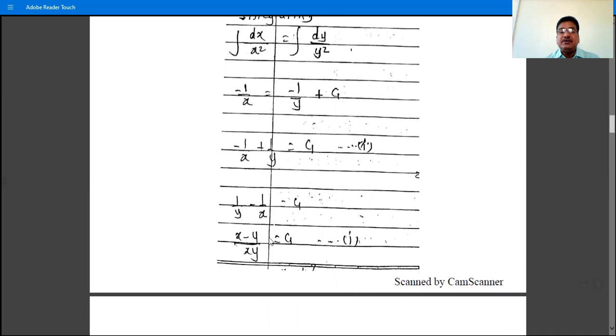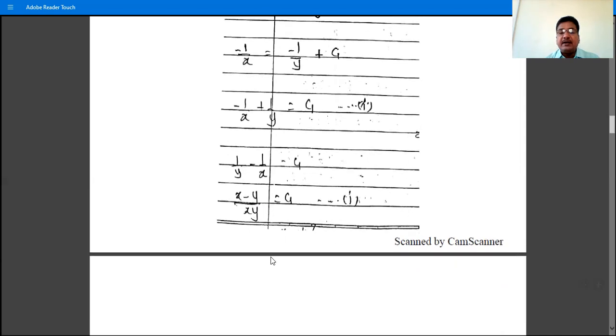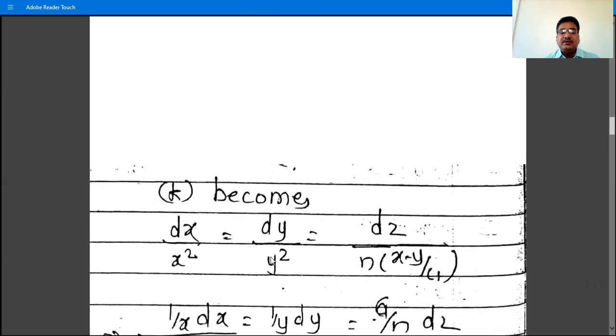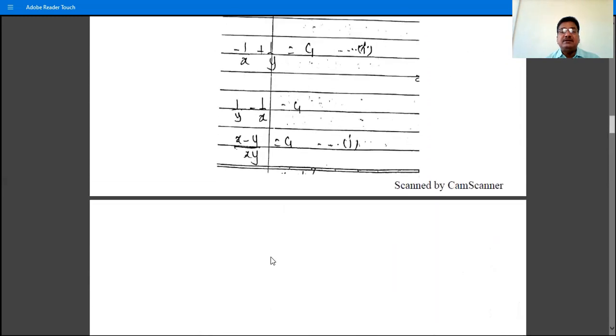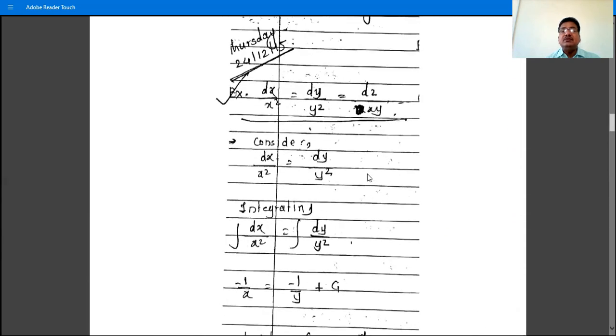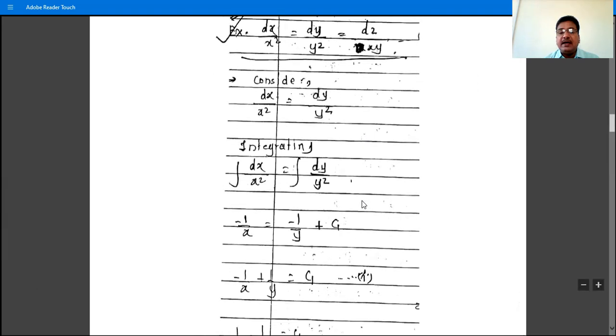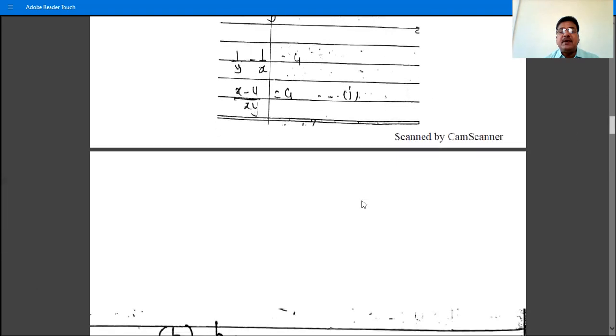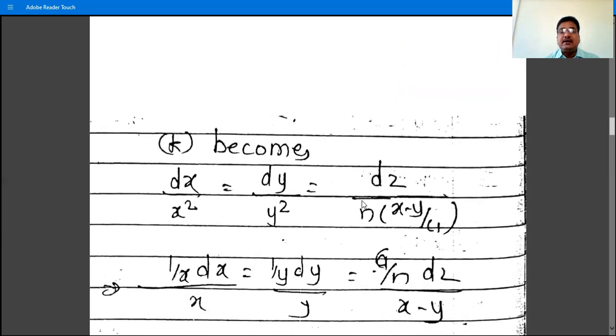If we substitute x into y as a value, what is x into y? X into y from this is x minus y by c1. So we can also use the first solution to obtain the second solution. That is the sub method of method number 1, that is substitute x into y as x minus y divided by c1 in the given equation.